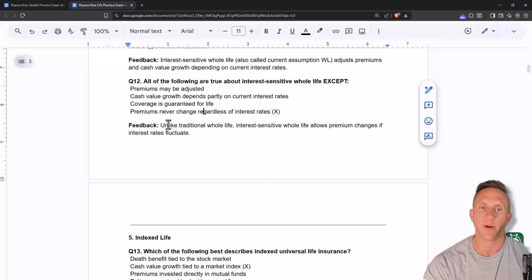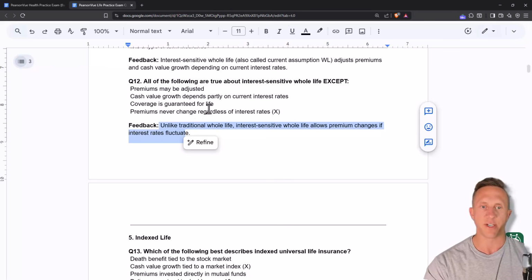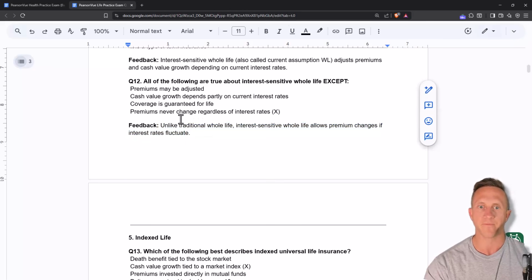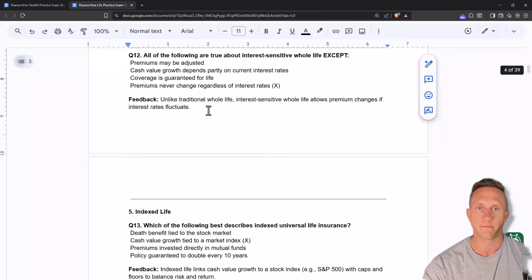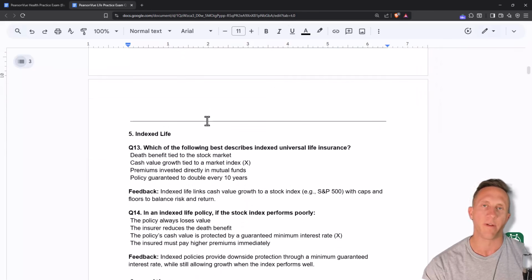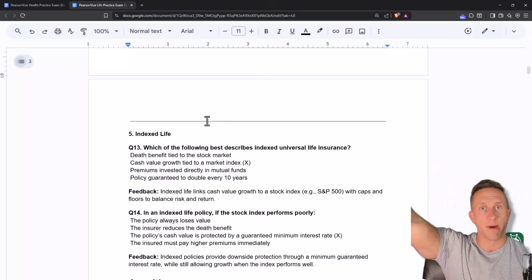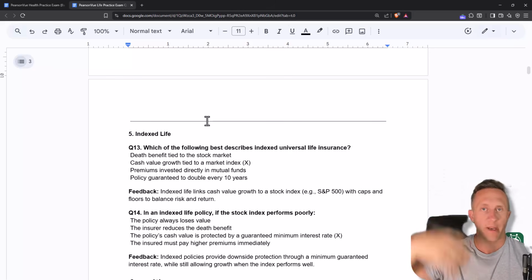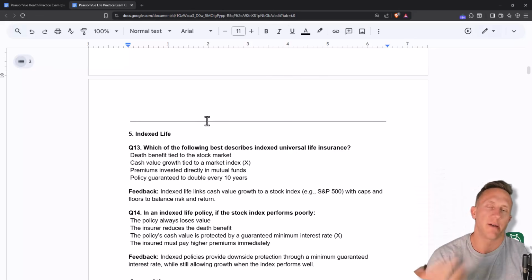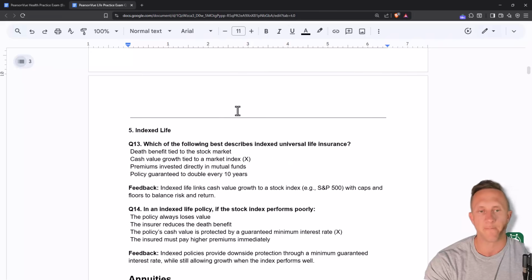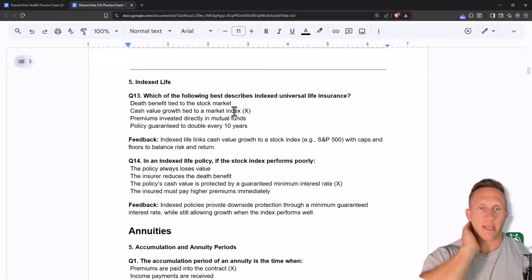That's the false one. Unlike traditional whole life, interest-sensitive whole life allows premium changes if interest rates fluctuate. Meaning if the interest goes up and it's earning more money, premium could lower. But if the interest goes down, the premium could raise because it's not making as much of a return for the insurance company.